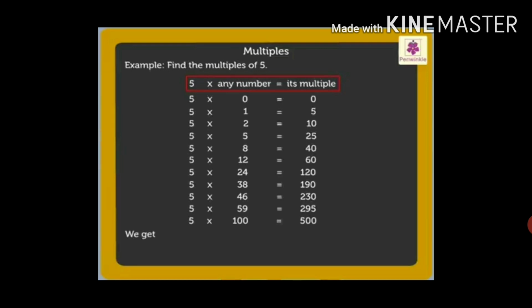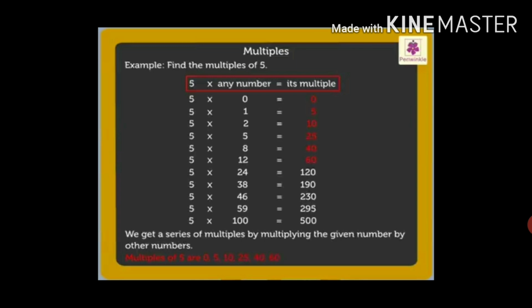Thus, we get a series of multiples by multiplying the given number by other numbers. Therefore, we get the multiples of 5 as 0, 5, 10, 25, 40, 60, 120, 190, 230, 295, 500 and so on.